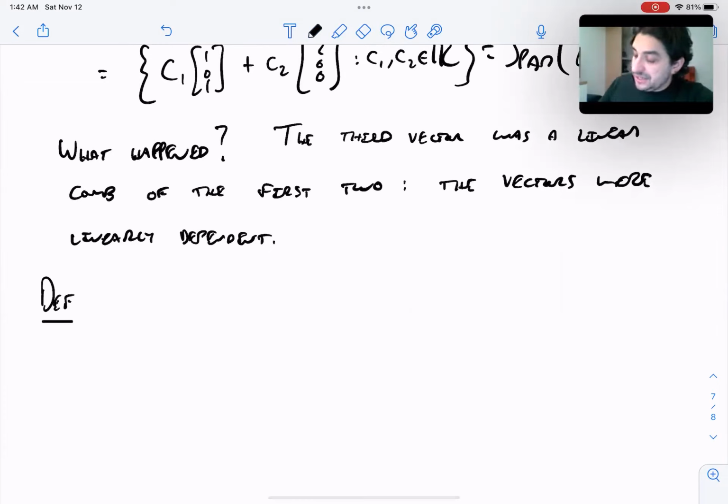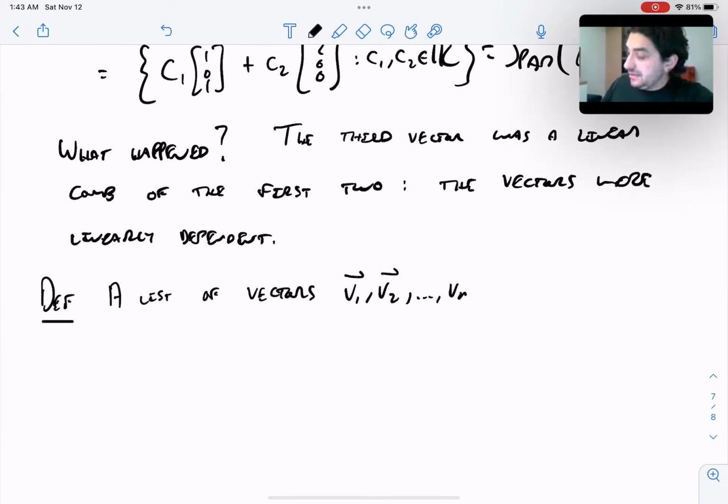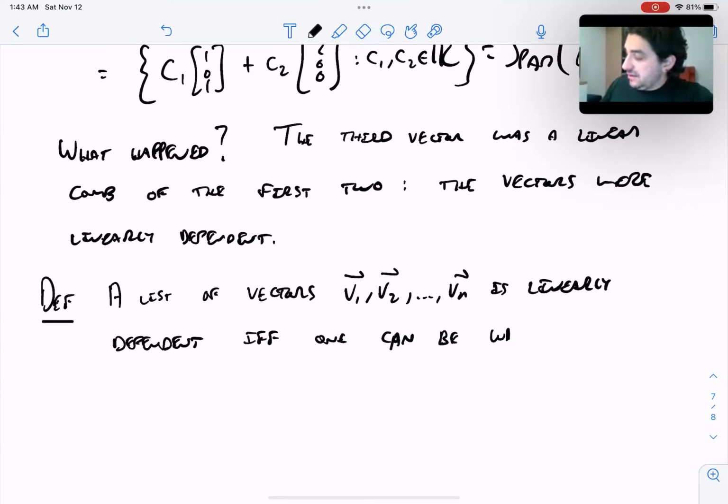And more generally, if you have some list of vectors v1, v2, up to vn, that list of vectors is linearly dependent if and only if one can be written as a linear combination of the others.